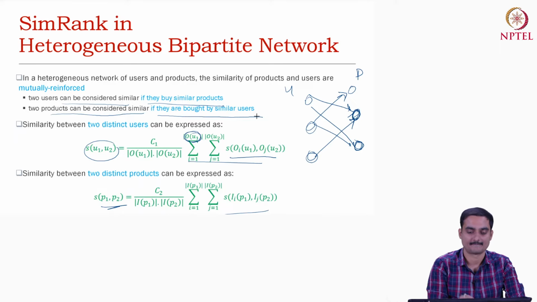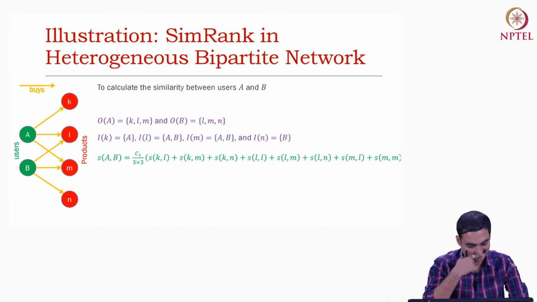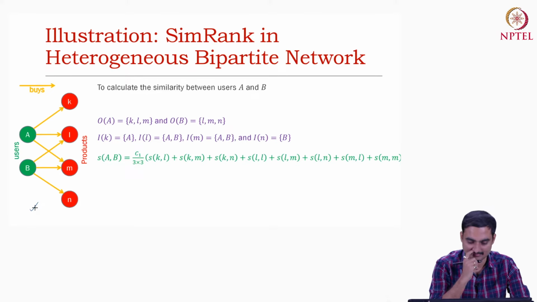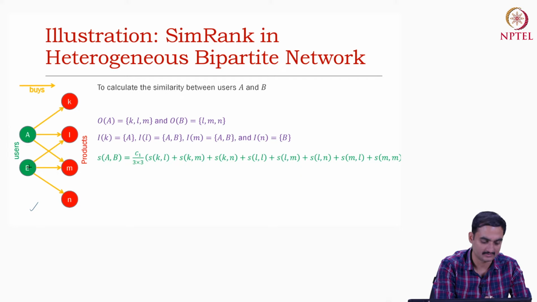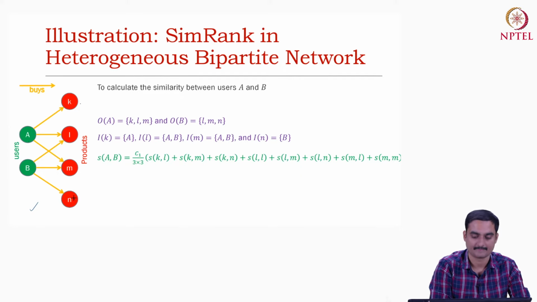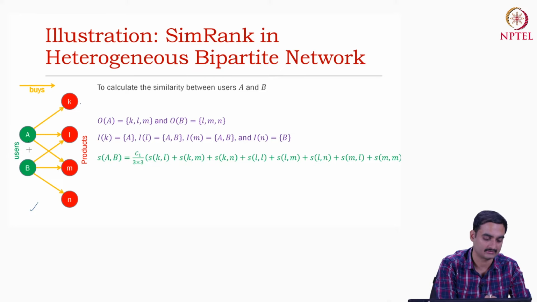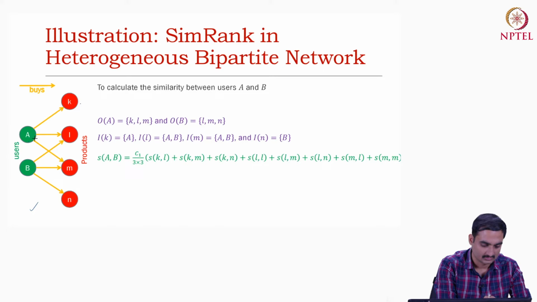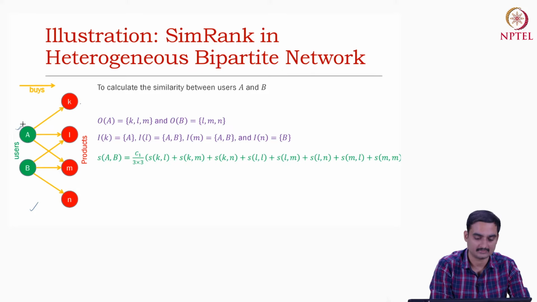Let us take an example. Say this is a bipartite graph, and you have users A, B, and products K, L, M, N, and you want to calculate the similarity between A and B. For node A, what are the outward neighbors?